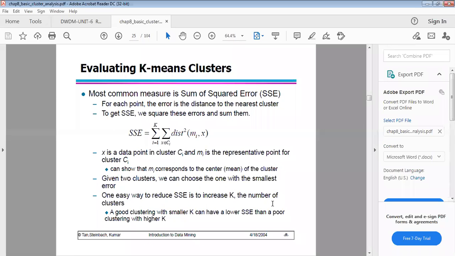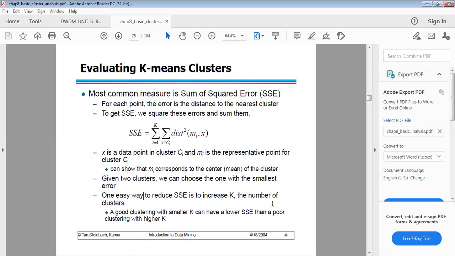How do we evaluate the k-means clustering? By using the sum of squared error, that is SSE. This is a common measure. For each point, the error is the distance to the nearest cluster. To get SSE, we square these errors and sum them.